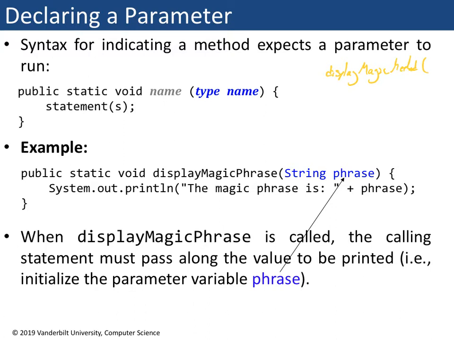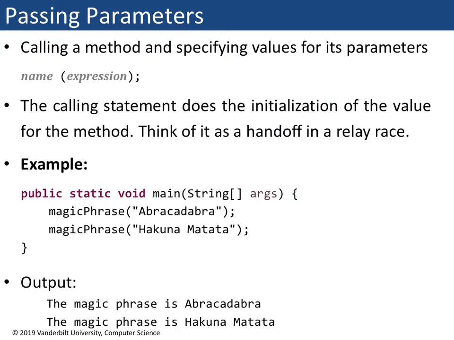And they can supply it with a variable, or they can supply it with a string literal. But this is where, in those parentheses, they must give what they intend to pass as the parameter phrase. A good way to think of this is sort of a handoff in a relay race. So your calling method is going to specify the value and hand it into the method.